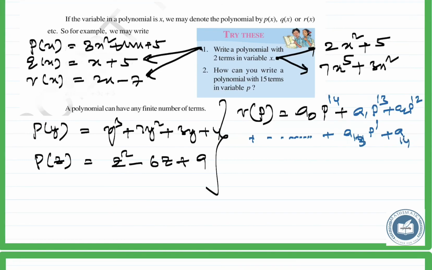So you can write the 15 terms like that, from a0 to a14 and the powers 14 to 0. So this polynomial contains 15 terms with variable p.